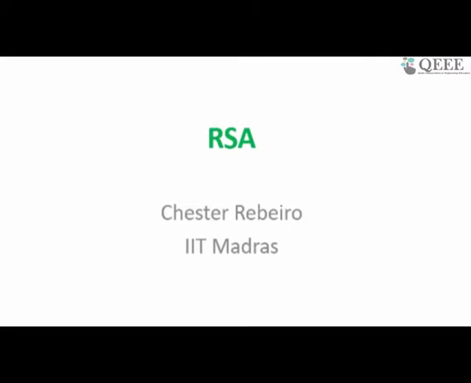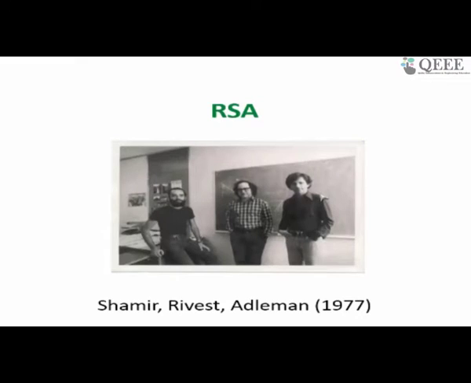Okay, so let's look in more detail at the RSA algorithm. As many of us know, the RSA algorithm was invented in 1977 by three cryptographers, Shamir, Rivest and Adleman, and this was one of the most popular public-key cryptographic algorithms at that time.